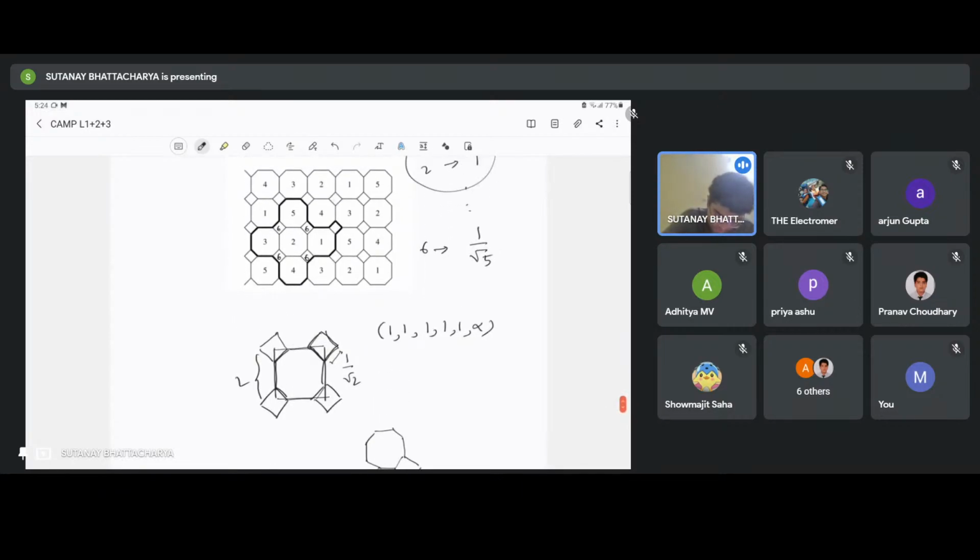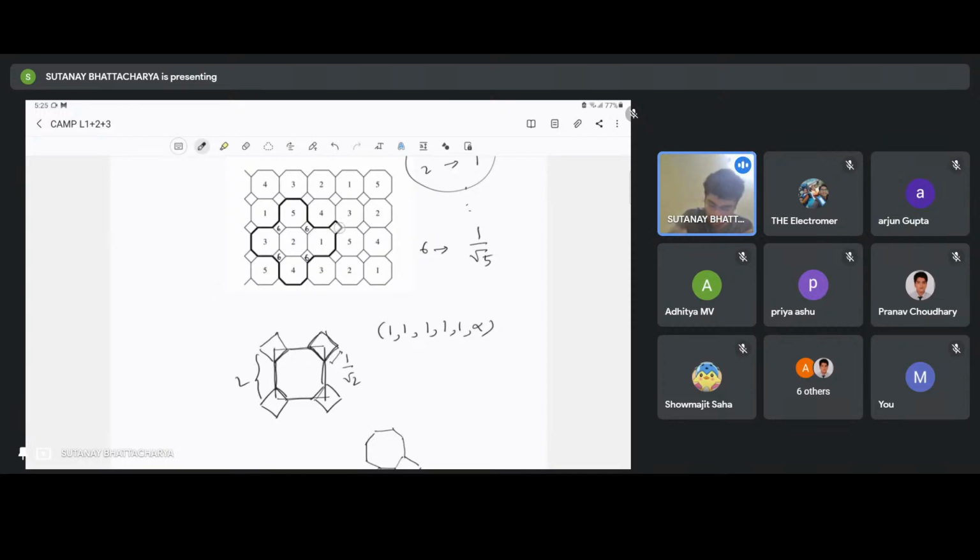Effectively, we want the distance from here to here. I think 1 avoids the distance 2 if we take care of the boundaries. Let's just ignore the boundary issues for now.